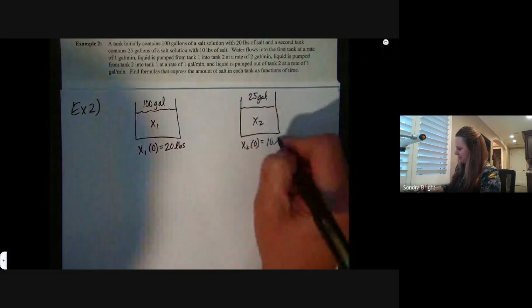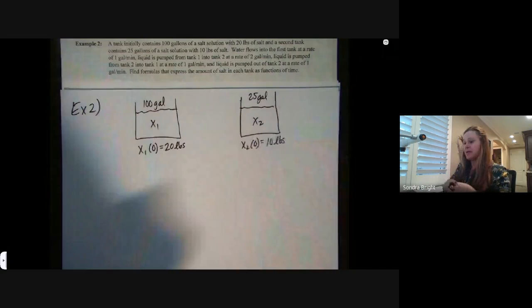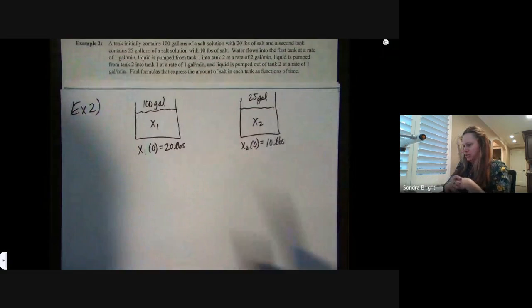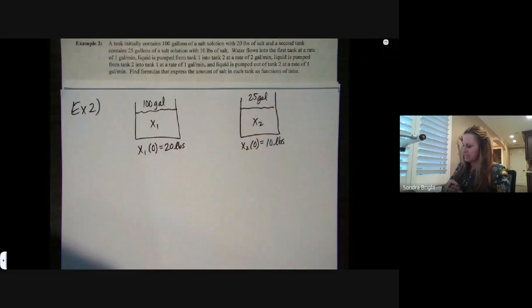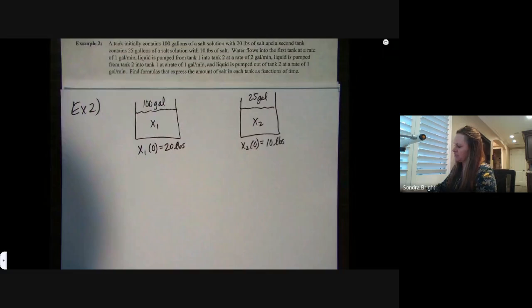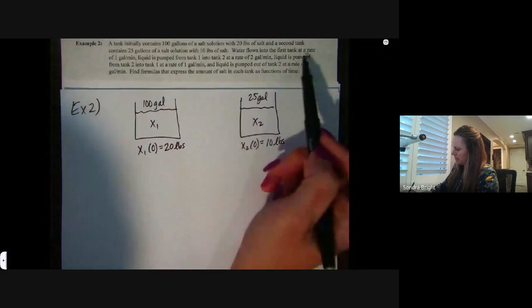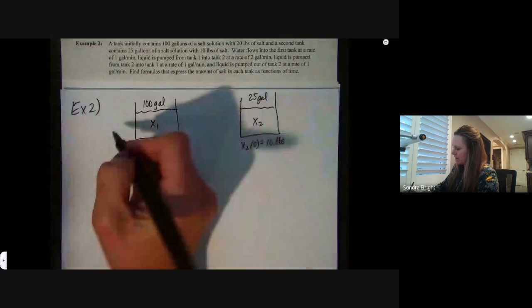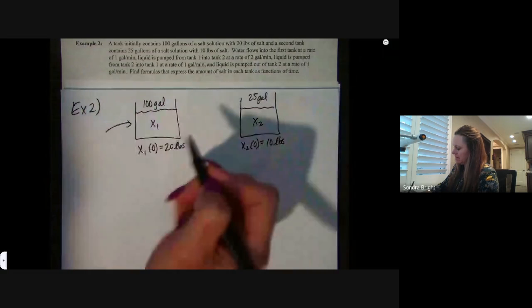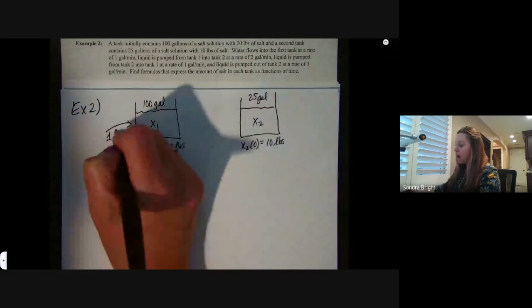All right, so those are our 2 tanks, but then some fluid starts going in and out of these tanks. So water flows into the first tank at a rate of 1 gallon per minute. So I would show an arrow saying, okay, 1 gallon per minute of water is going in.